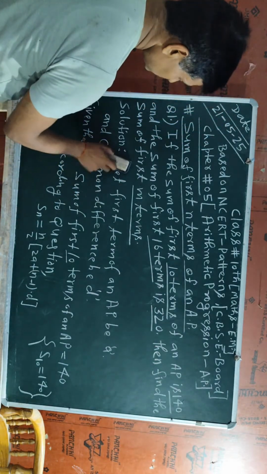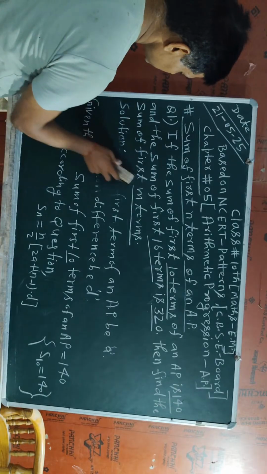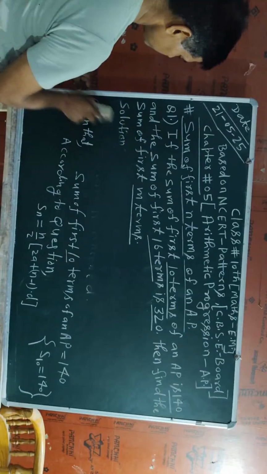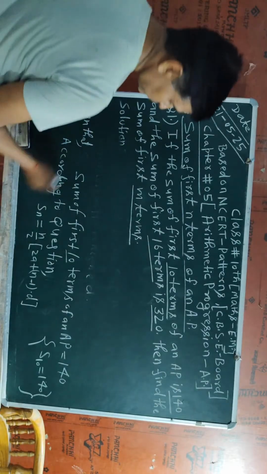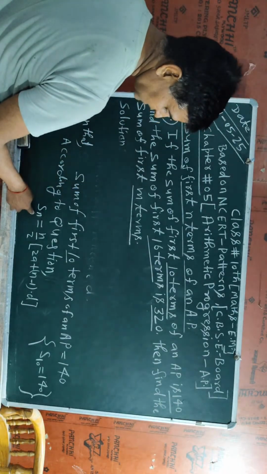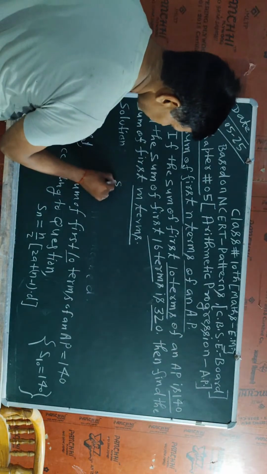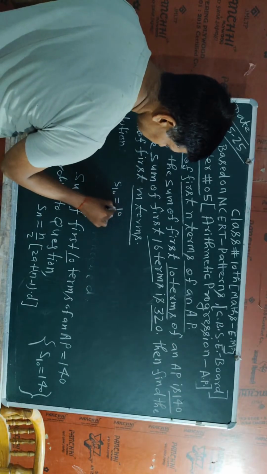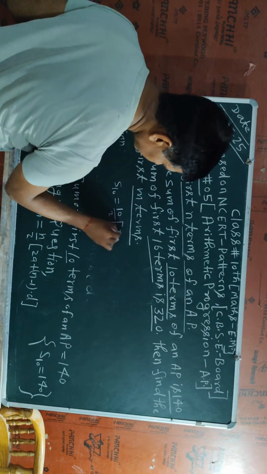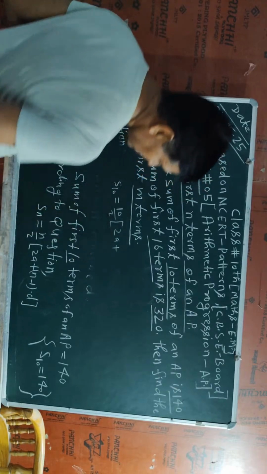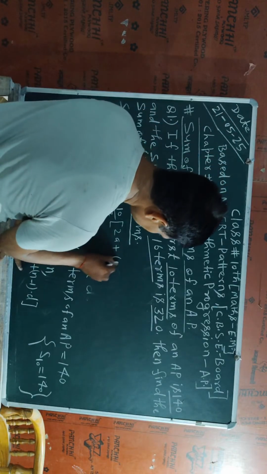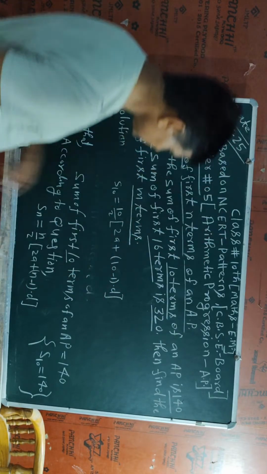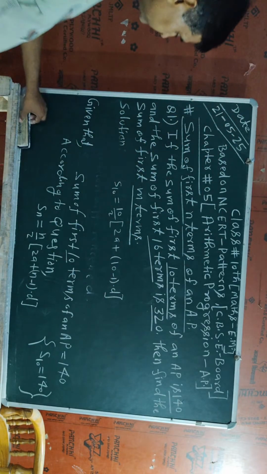Now further I am going to erase the above data, and then solve the information below. Now in the place of n I am going to put 10. So S10 is equal to 10 divided by 2. In the bracket I write 2a, and in place of n I put 10 minus 1, into d.